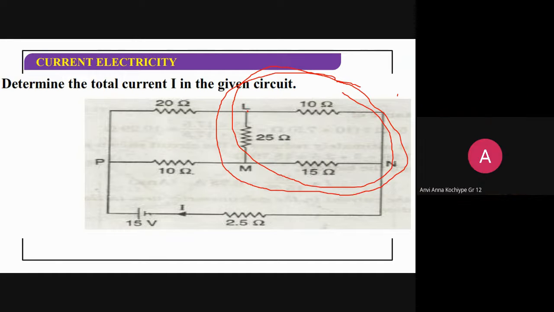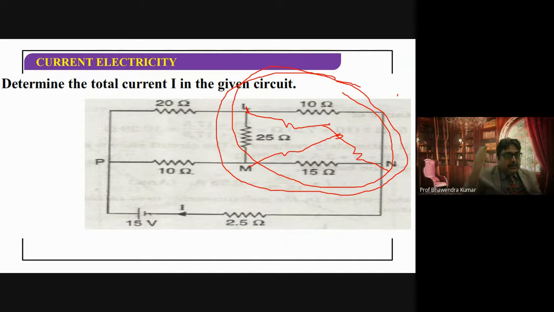Why don't we consider PML as a delta? Any one triangle we can consider. We can consider this part or we can consider this part. I have solved using the right side. Okay.